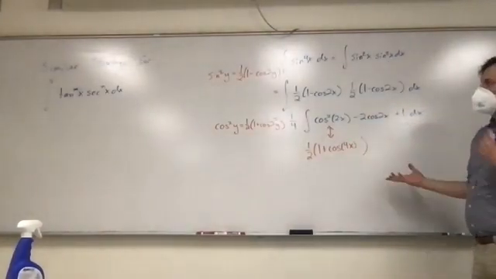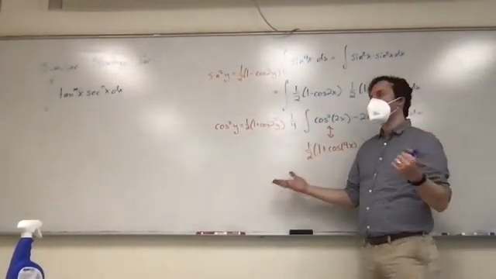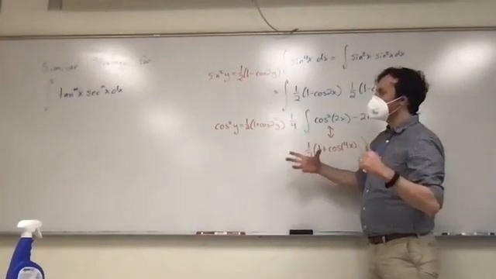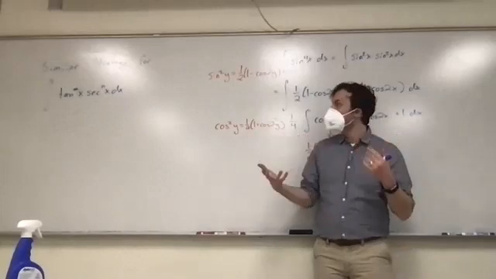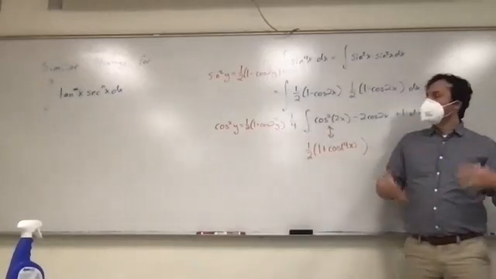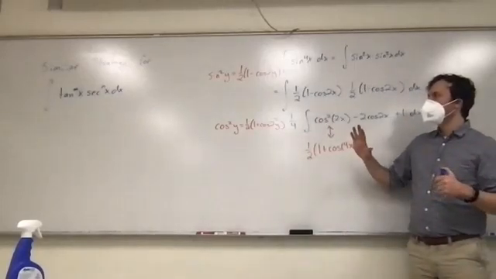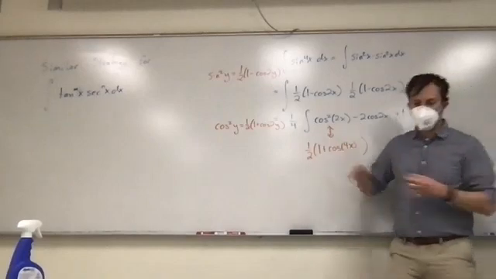If instead of sines and cosines, you have tangents and secants, there's this similar combination of some trig identities that let you move between the two of them, and then there are u substitutions that are useful if you have the right combinations of these.